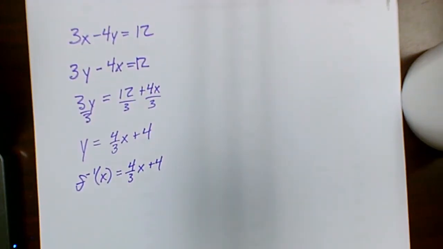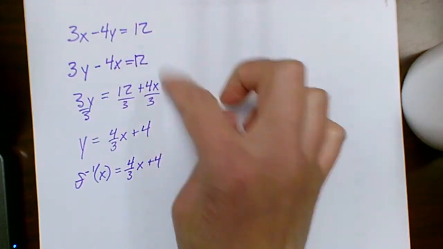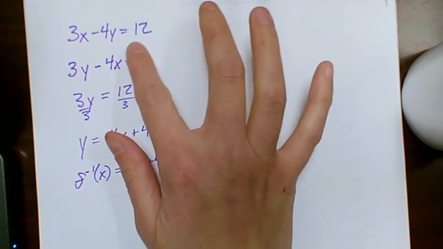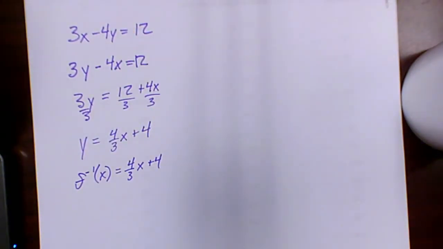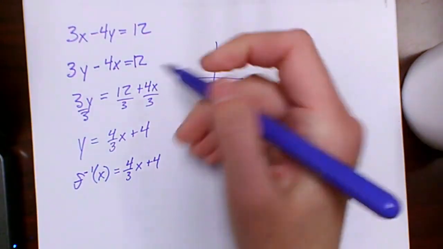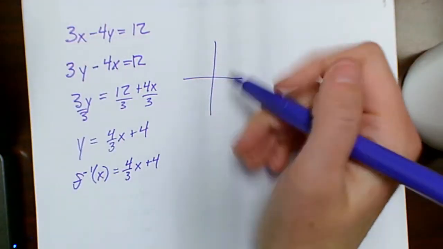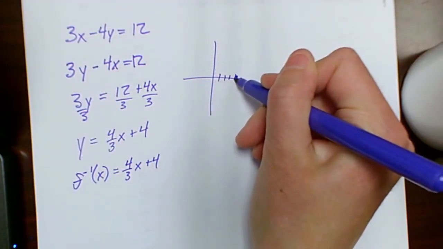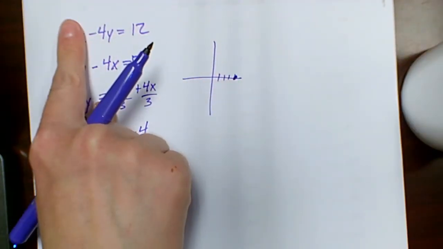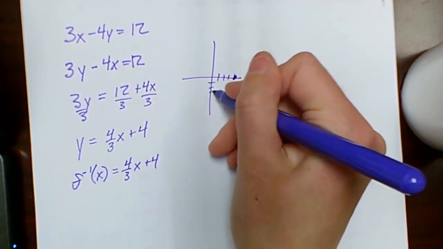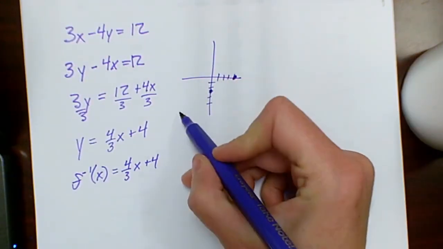And again, if it says graph, you're going to graph both values. So this one I'd probably graph by the intercepts. So x-intercept, if we solve for x, that's going to be 4. And then with our y-intercept, that's going to give us -3. So here's one line.